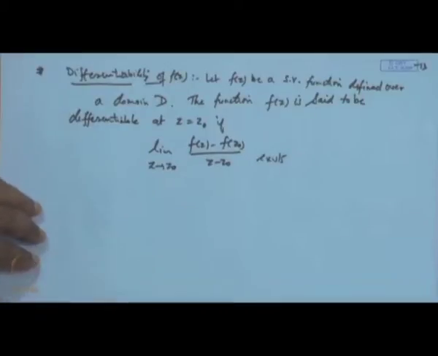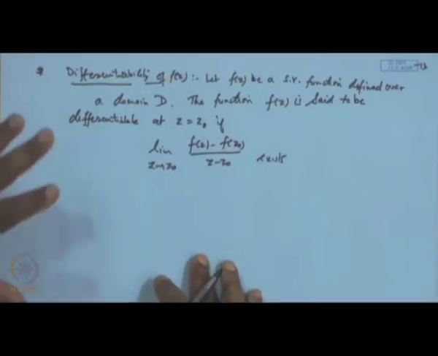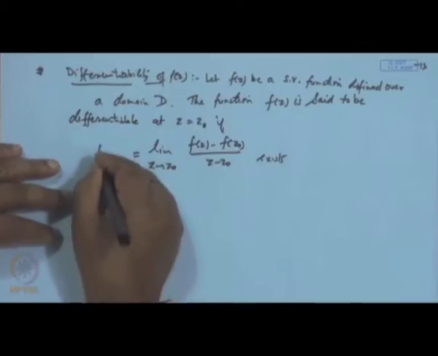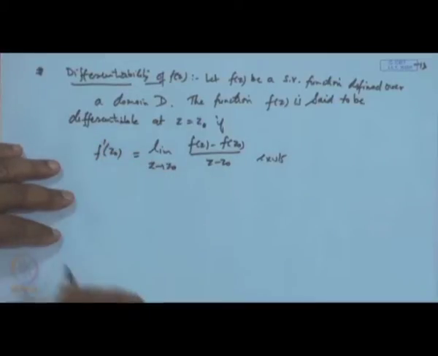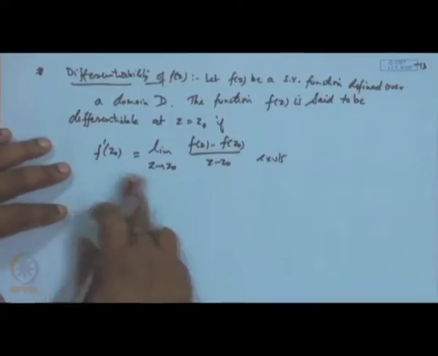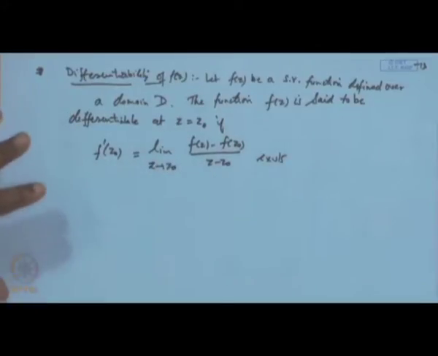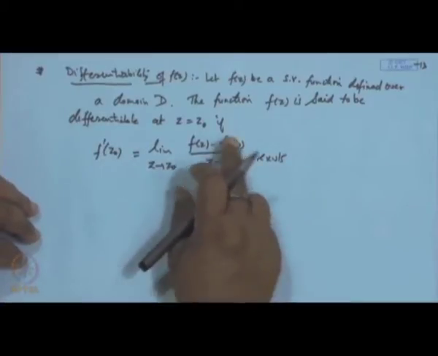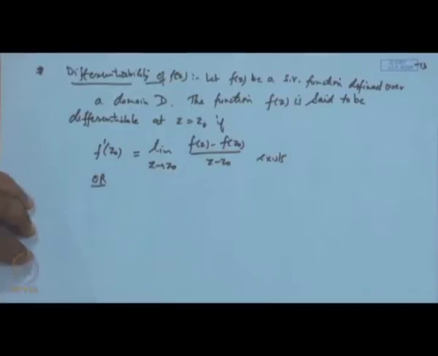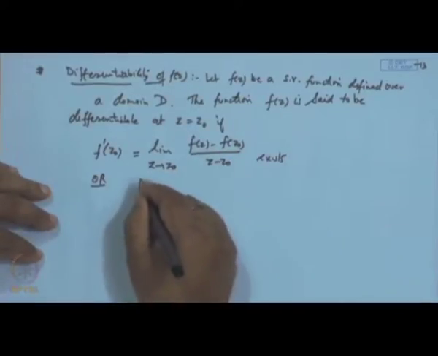That is, whatever path you choose, the limit should exist, or satisfy the epsilon delta definition of limit. We denote this as f prime z naught, and we say the function has a derivative at the point z naught equal to this value.